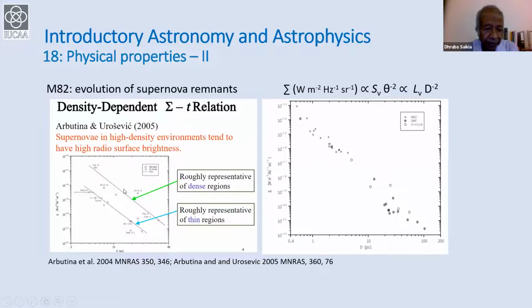Also there are suggestions that in dense regions, they have a higher surface brightness as they evolve compared to less dense regions. So this is just an example which I wanted to illustrate as to how brightness gets used even in other contexts, although we have discussed largely stars today.